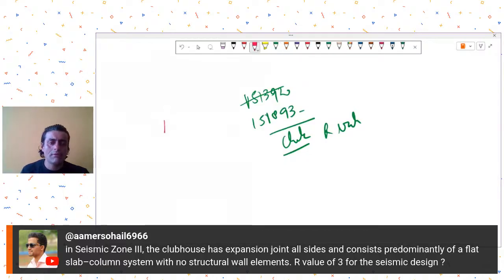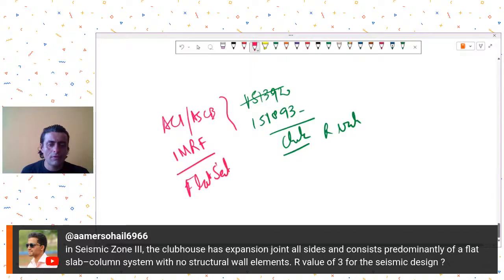In the ACI and ASCE American codes, you have a system called intermediate moment resisting frames, where flat slab with columns without walls is a lateral load resisting system, but not in your Indian code. So check carefully before using this system.